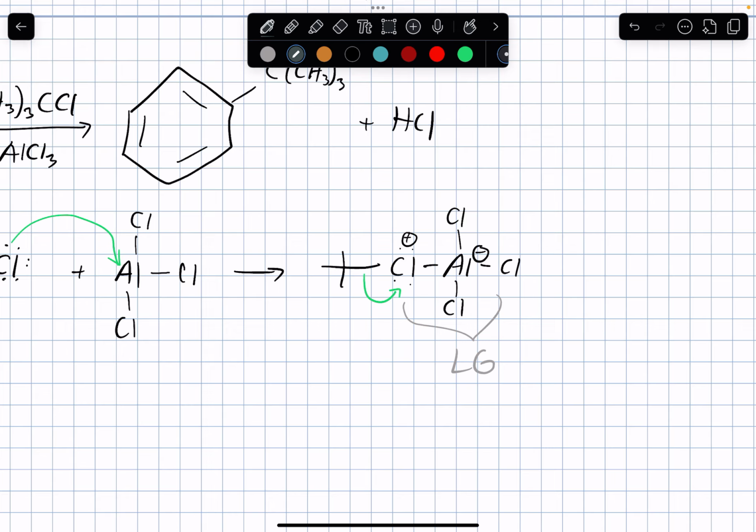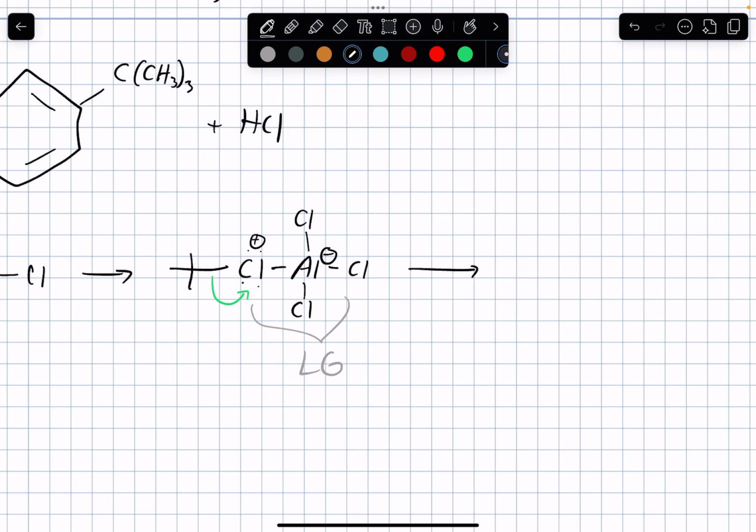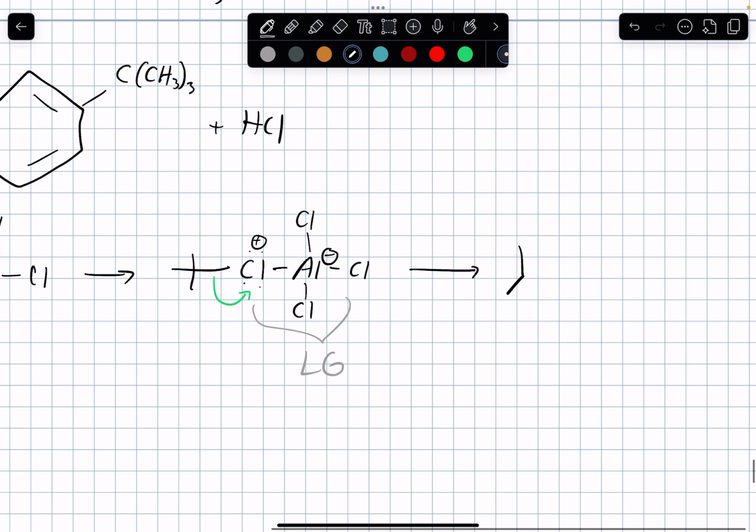There you go. So the result is you have a carbocation plus Cl AlCl3. This one's negative. That's going to be our base later.